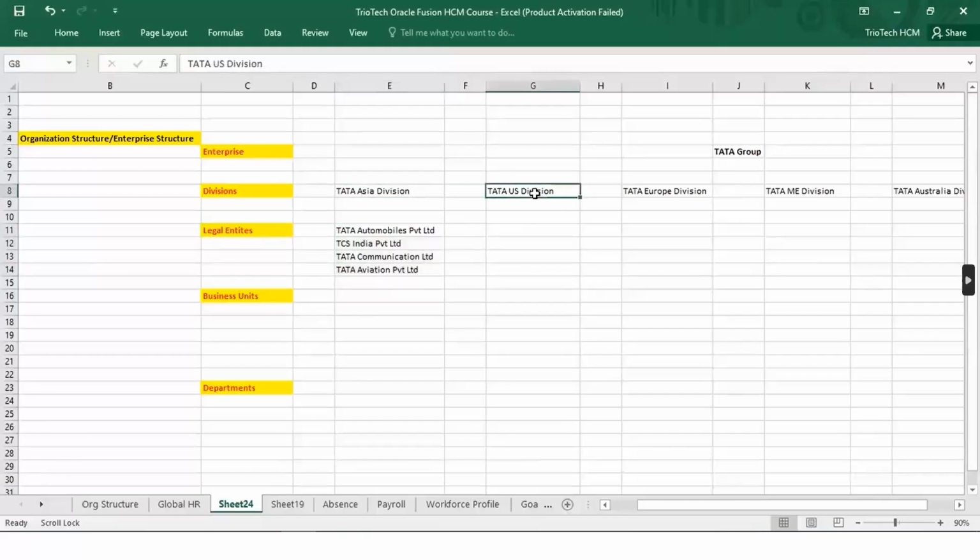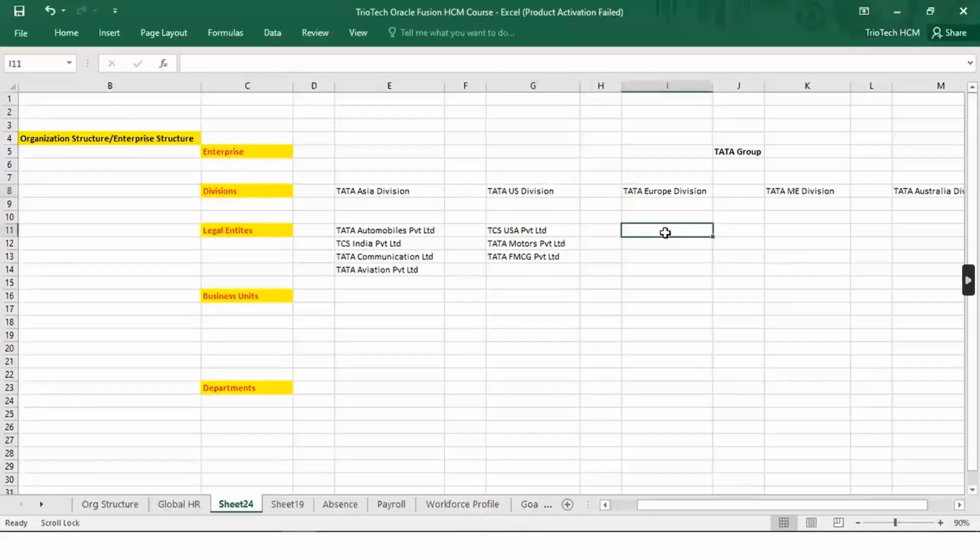Next, if you come to US division, in US, team, my client is having companies like TCS USA Private Limited, then Tata Motors Private Limited, then Tata FMCG Private Limited. Let's assume, team, these are the legal entities that our client is having in US division.